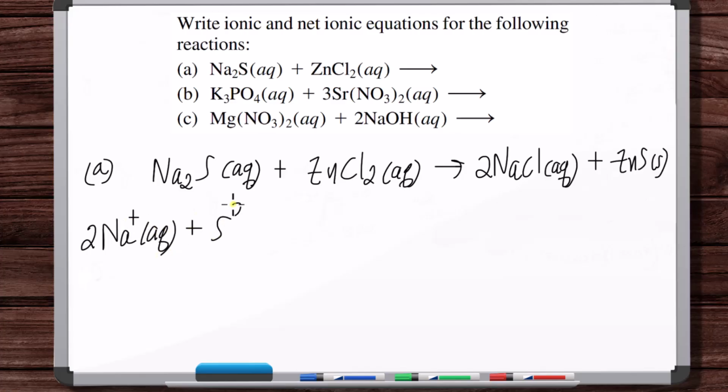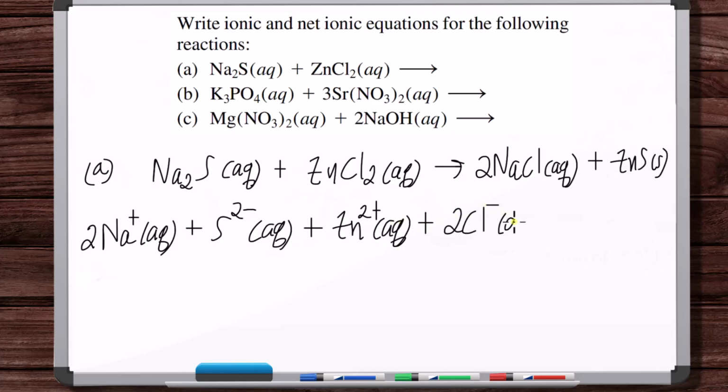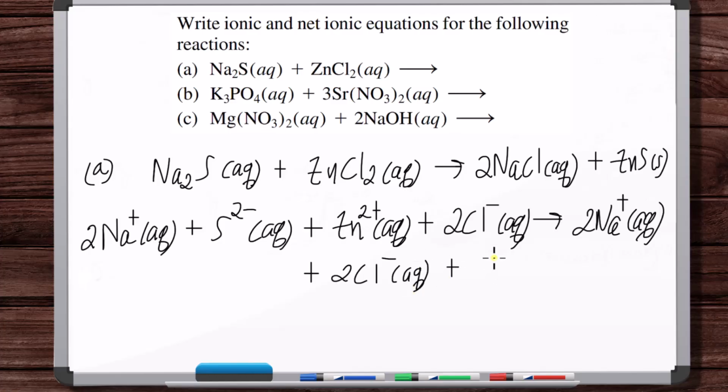aqueous and S2 minus aqueous, a Zn2 plus aqueous, 2 Cl minus aqueous, 2 Na plus aqueous, 2 Cl minus aqueous, and then there we go.